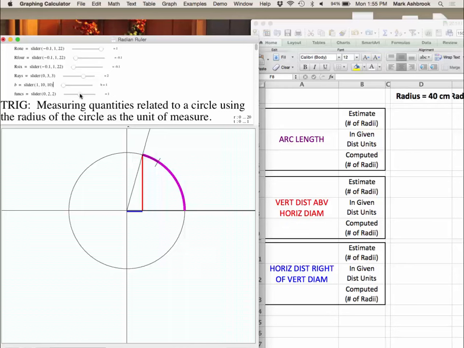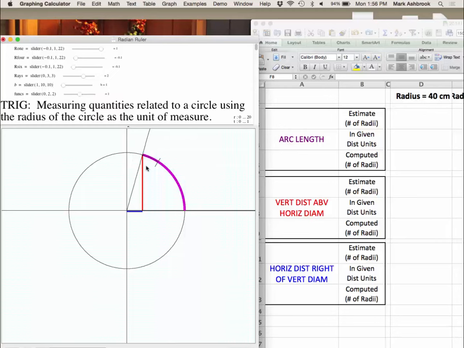And then red. That arc length took us to a spot on the circle. For that spot, I want to measure the vertical distance above the horizontal diameter using the radius length. And then thirdly, the blue. I want to measure the horizontal distance of that resulting point on the arc length to the right of the vertical diameter. Okay, so we're going to start by estimating all those things.